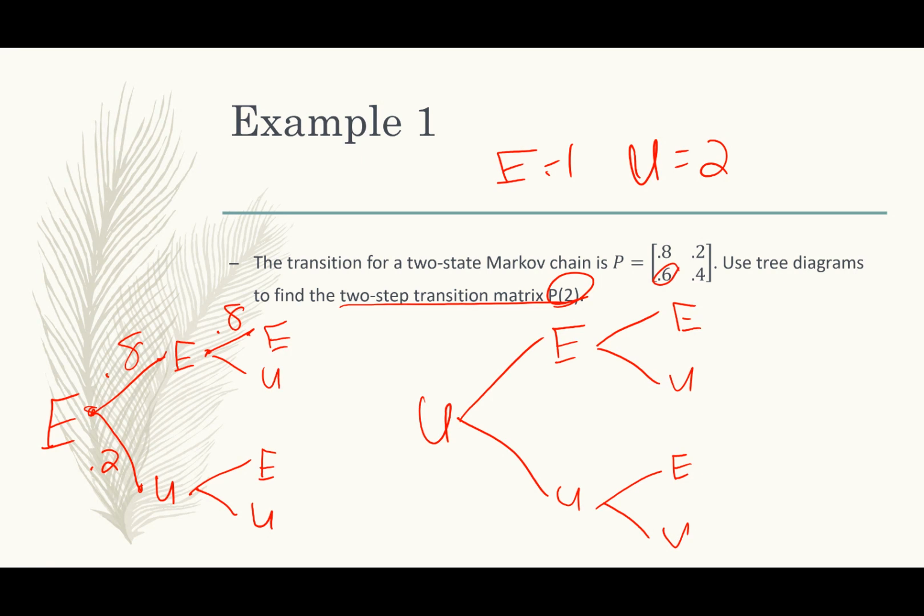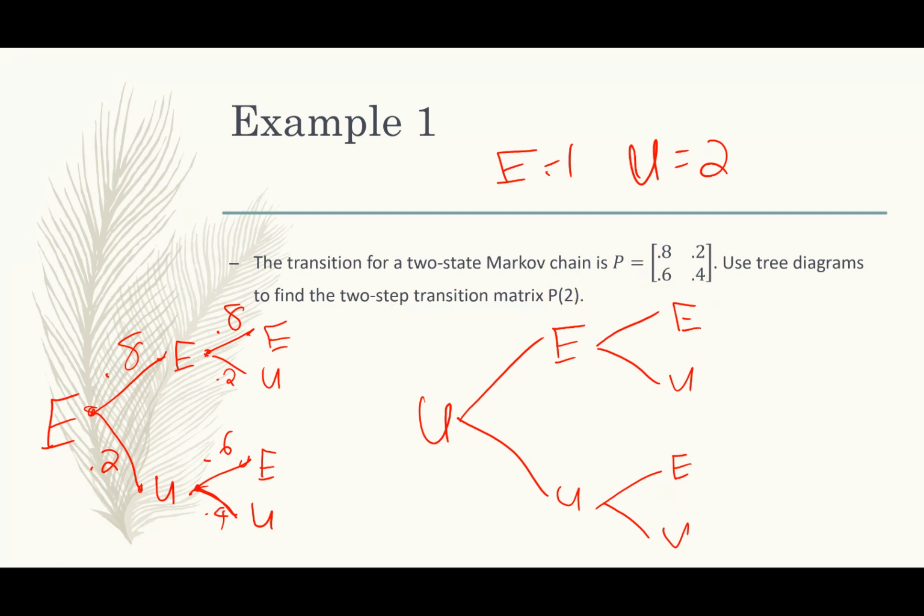Then right here, this is the 2-1 spot, so that would be unemployed to employed. That'd be this branch right here, which would be 0.6. We already did employed to unemployed, that was 0.2, remember? And then lastly, the 2-2 spot is unemployed to unemployed, which is this last branch here. So that's 0.4. That's just filling in the numbers that were given to me in that matrix up here.